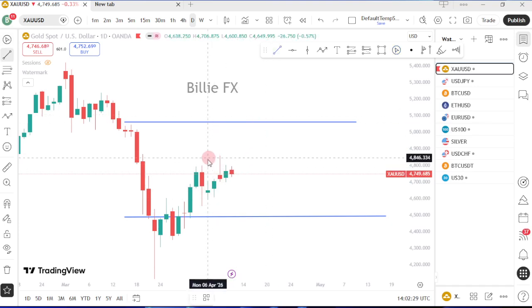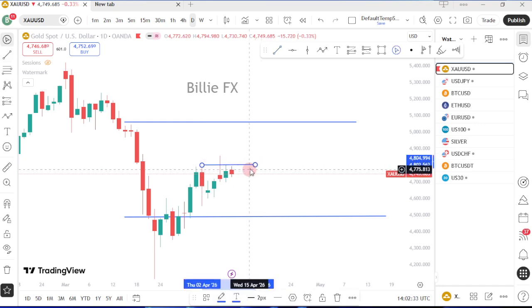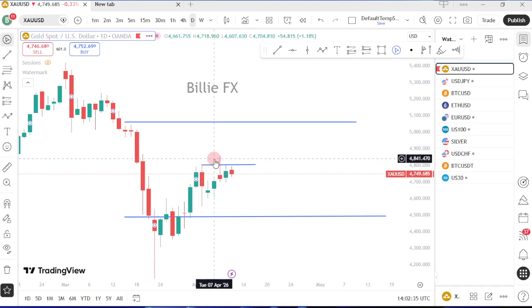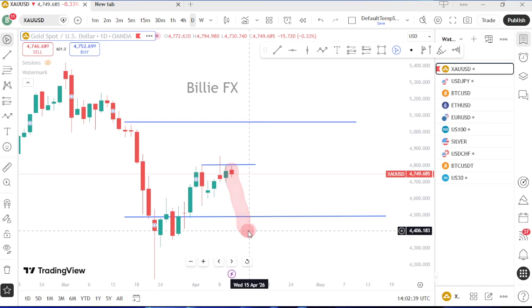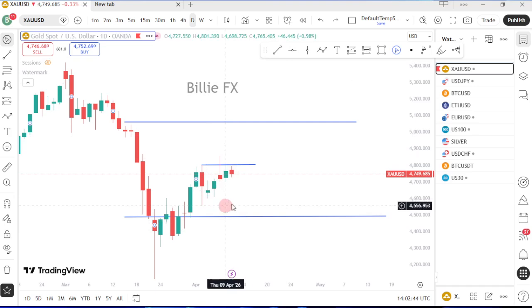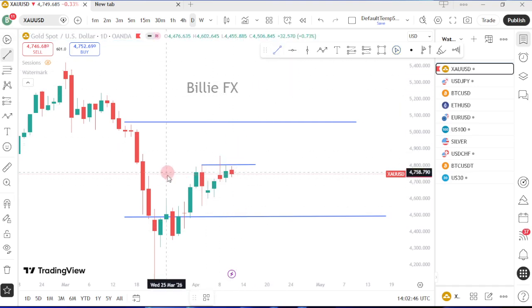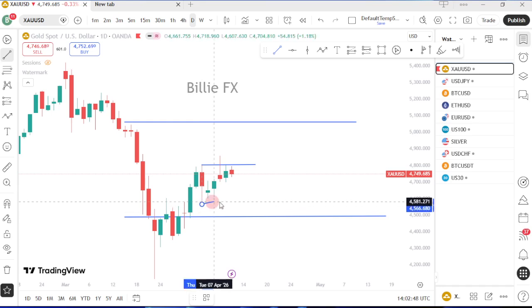Let me mark the bearish candle that we are trading within so that we know where we are when we move on to the lower time frame. We haven't broken above it. We just wait above it, which can just be a liquidity sweep for the market to drop down. But let's just focus on the fact that we are trading within this bearish candle from here to here.